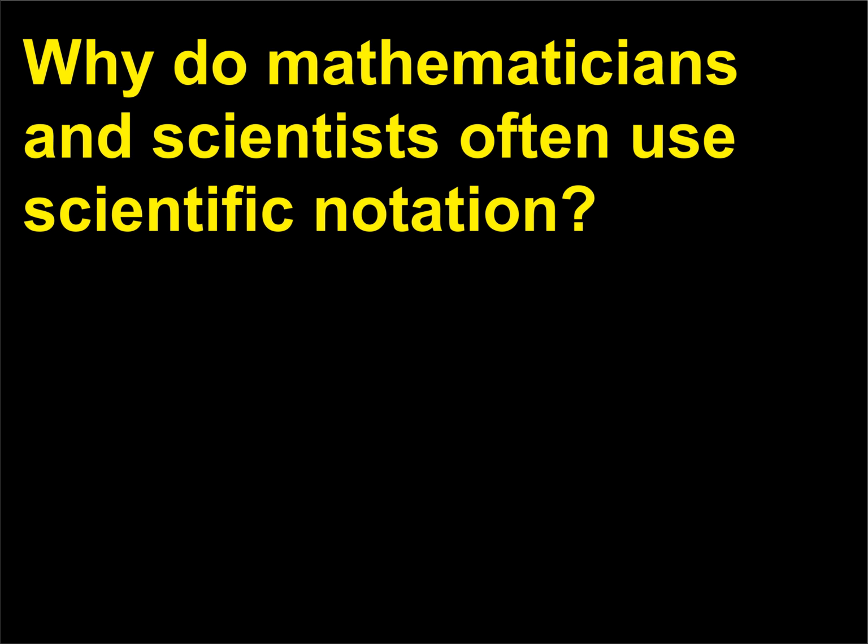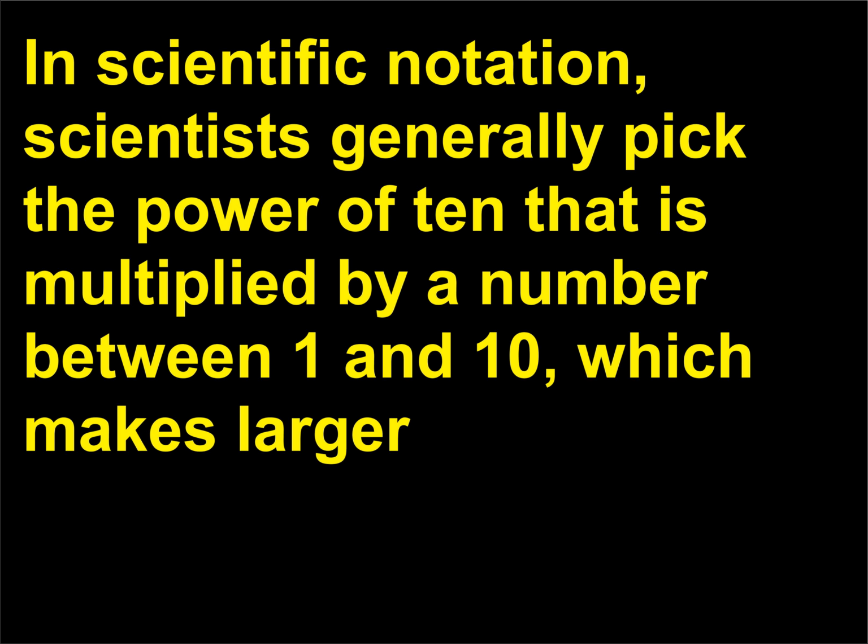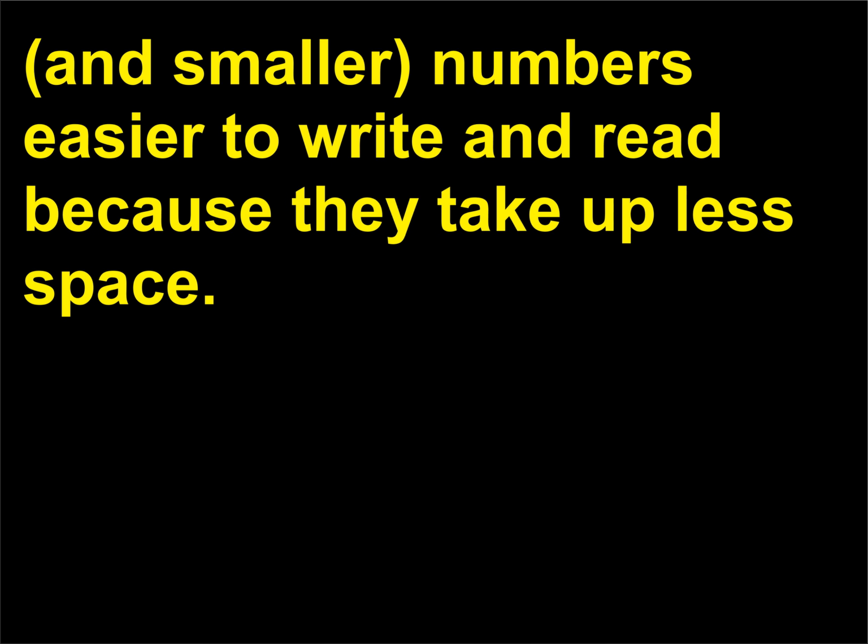Why do mathematicians and scientists often use scientific notation? In scientific notation, scientists generally pick the power of 10 that is multiplied by a number between 1 and 10, which makes larger and smaller numbers easier to write and read because they take up less space.